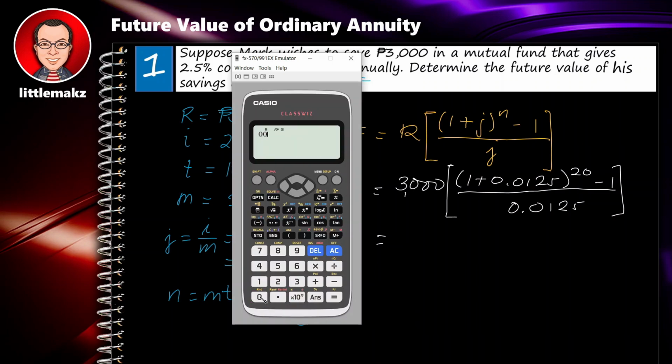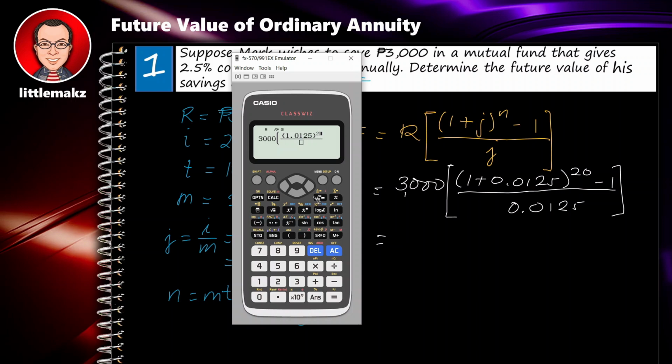We have 3,000 times. Let's go ahead and type in all these ones. So we could have this one combined with 0.0125, so we have 1.0125. And let us have this raised to the 20th power.